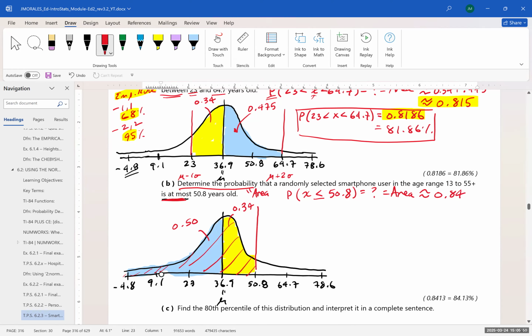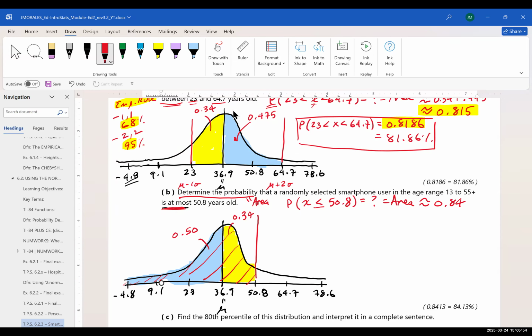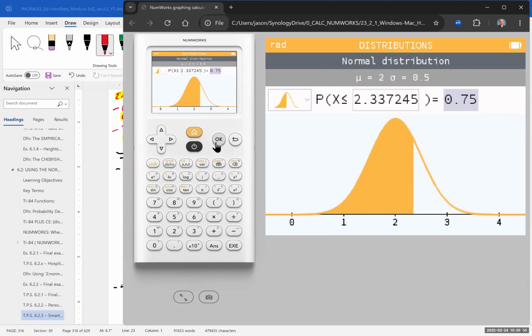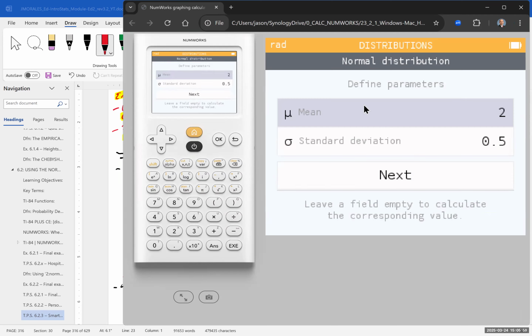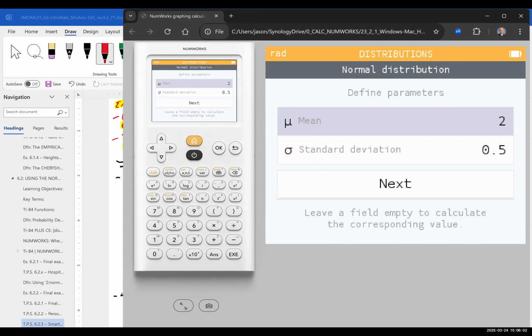So let's go ahead and do that calculation. Let me back out. I'm going to use the NumWorks calculator here, but I have to put some new values in.